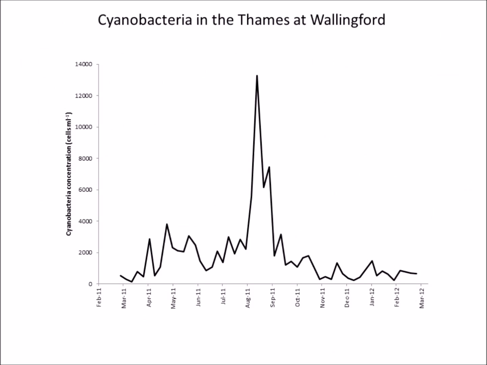So here, for example, is a bloom of cyanobacteria in the River Thames at Wallingford. And this sort of pulse of cyanobacteria is slowly moving down the river. And it will get to the Thames Water abstraction sites down at Datchet, just upstream of Teddington, and could well impose problems for their water abstraction regime and public supply.